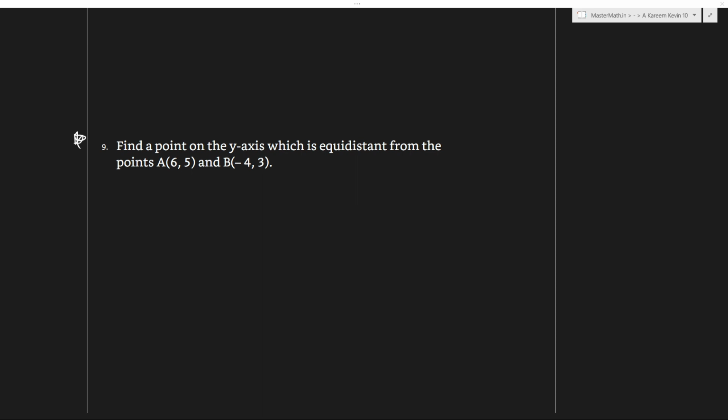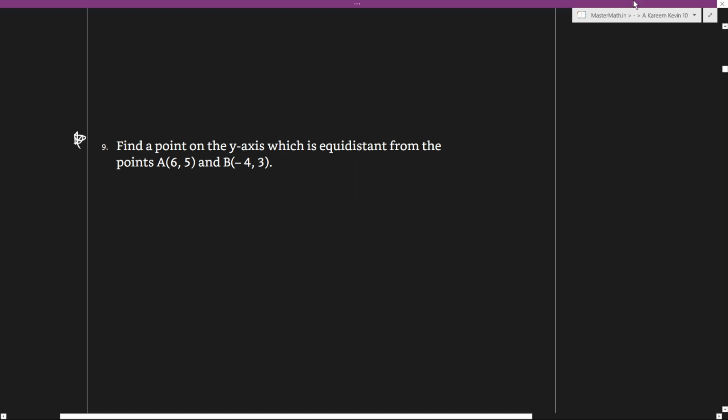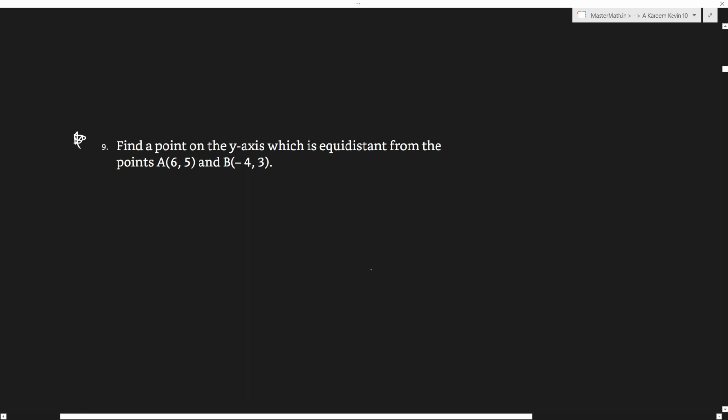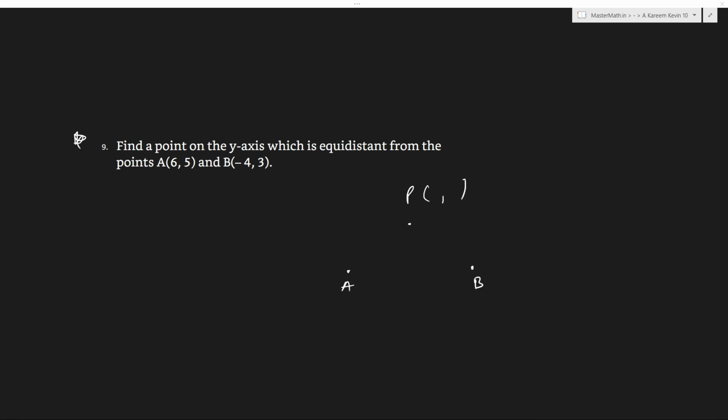So what would be the coordinate of the third point? A is this, B is this, and P is the coordinate. Anyone? Sir, 0, y. Yes, go ahead.